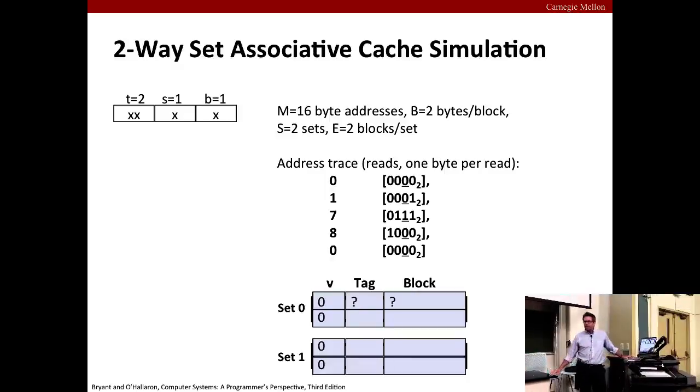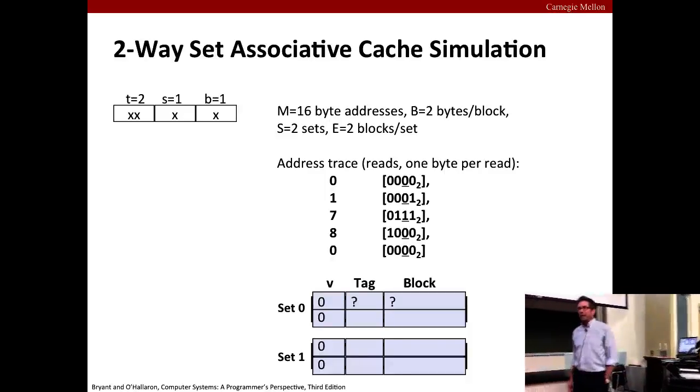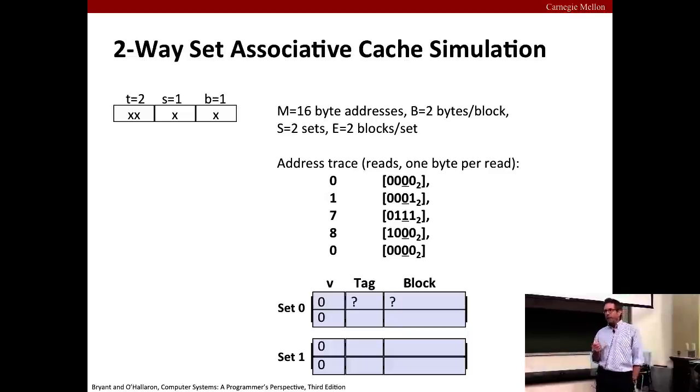Yes? How do you decide which block to replace? That's a really good question. There are a lot of different algorithms. A common one is least recently used. By locality, you want to keep blocks in the cache that are being used a lot. If a block isn't referenced for a long time, by sort of the inverse locality principle, it's likely not to be referenced in the near future.